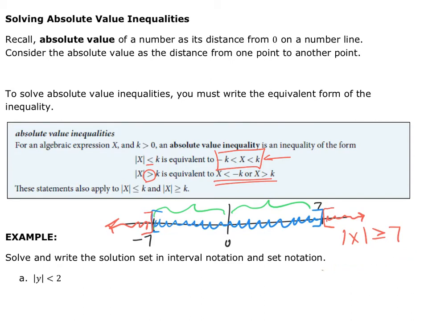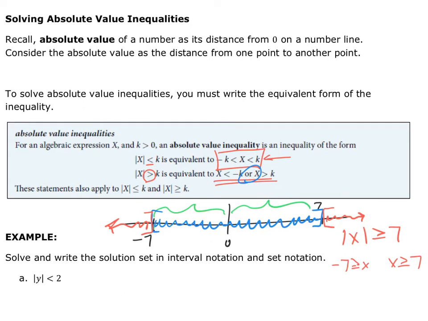So when you have a greater than or equal to, you have to break it apart with the "or" statement, right up here, this or statement. So what I typically do is I say -7 and 7. I still break it up that way, but I have x has to be greater than 7. But here, I have to have x has to be less than -7.